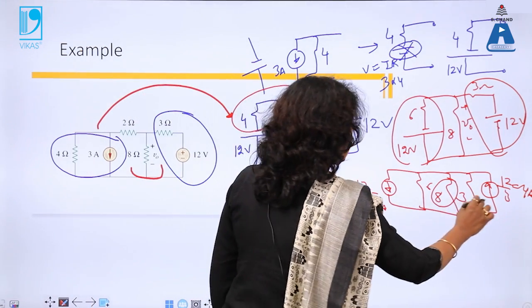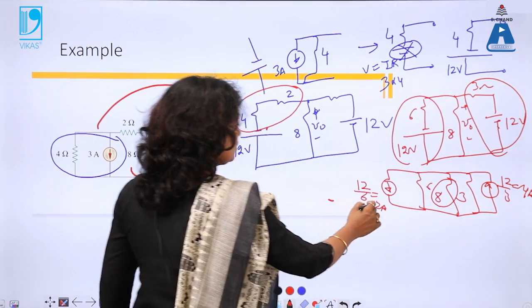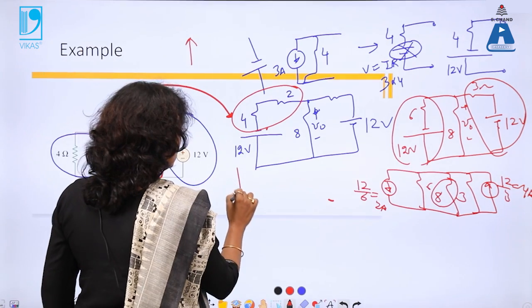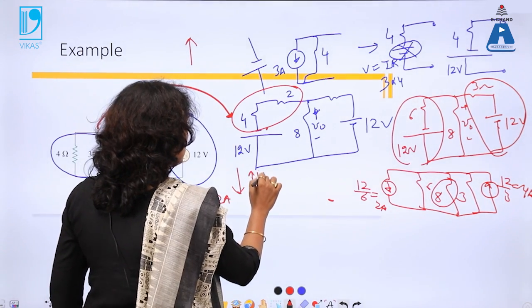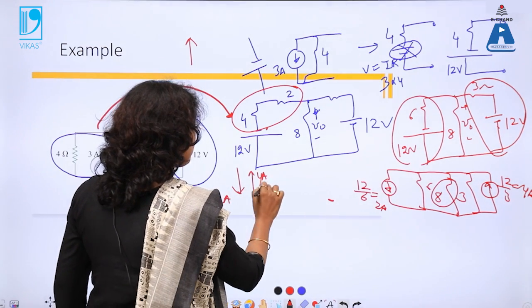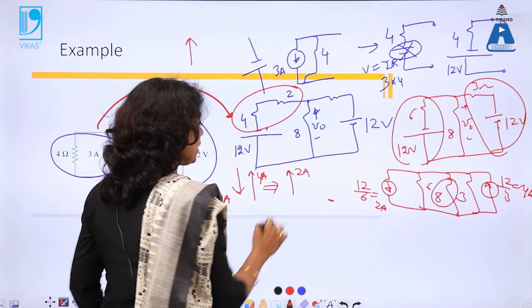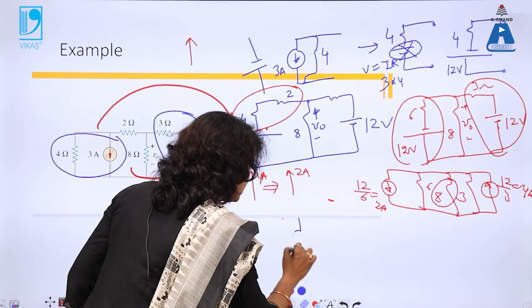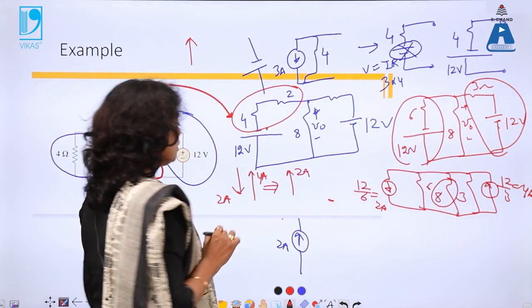If all the branches are in parallel, I simply have to take the algebraic sum of all the currents. So this is 2 amperes, this is 4 amperes. Because both are opposite, I finally get 2 amperes. So my current source will be upward, that is 2 amperes, because 4 ampere is upward and 2 ampere is downward.